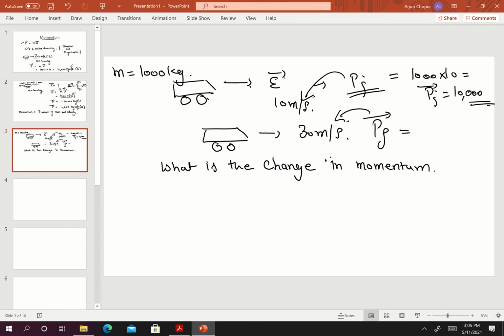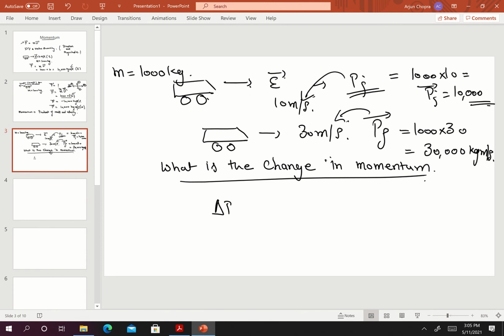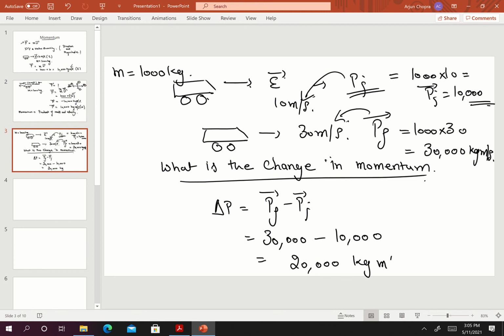So P final value will be equal to 1000 times 30, this will be equal to 30,000 kg meters per second. So change in momentum is what? Delta P equal to P final minus P initial. That will come out as 30,000 minus 10,000. So that will be equal to 20,000 kg meters per second.